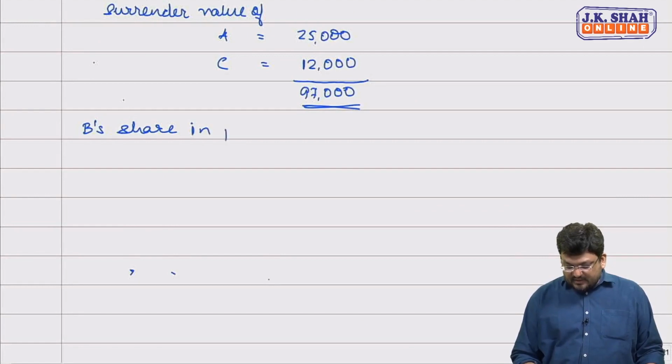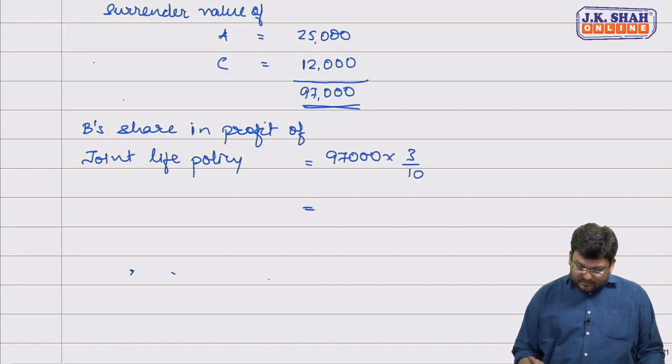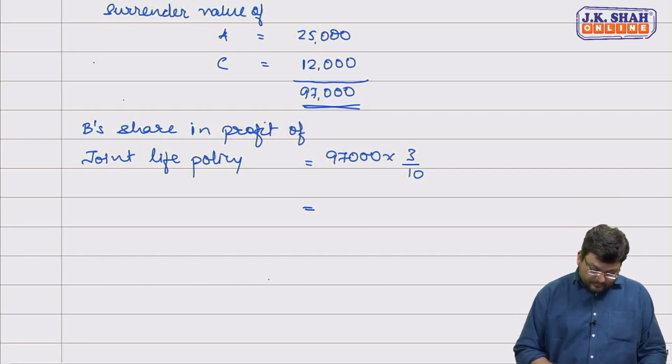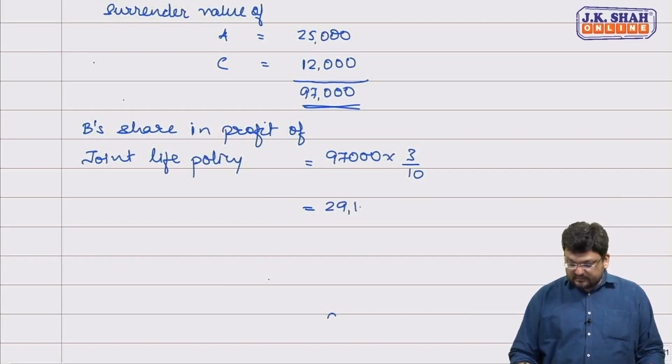B's share in profit of joint life policy will be 97,000 into 3 by 10. B's share in profit of joint life policy is 29,100, sir.